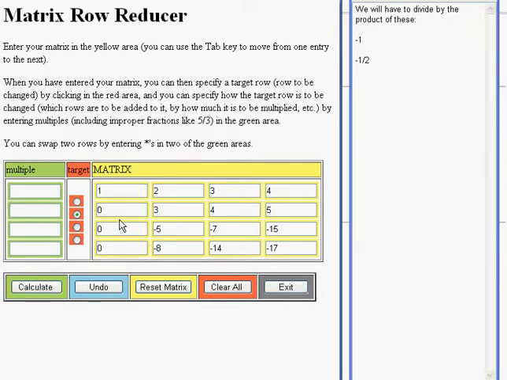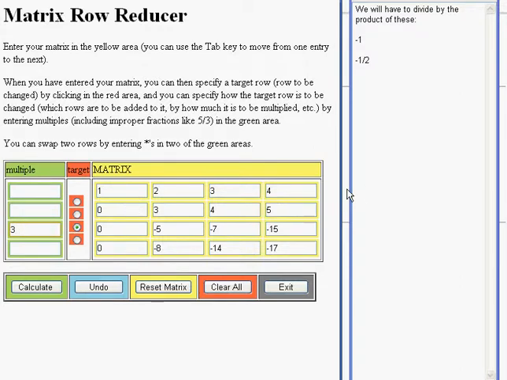Now I have a simpler second row, and I want to use the second row to clear the third and fourth rows. Let's see, 3 and -5. I want to change the third row, and I'd have to multiply the second row by some fraction in order to make that 3 into a 5. And again, I don't like fractions. How about if I multiply the third row by 3?